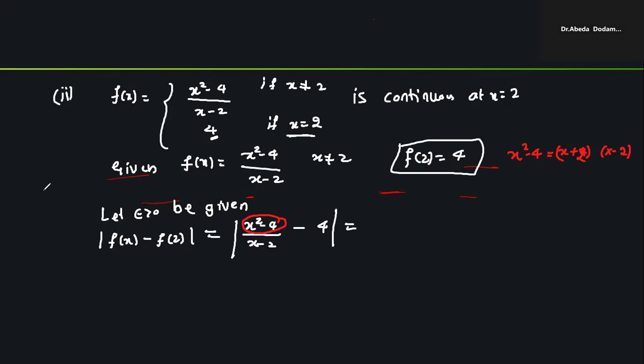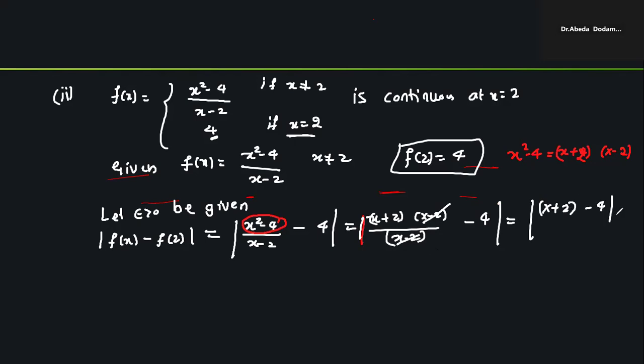So we can write this as x plus 2 into x minus 2 upon x minus 2, and this is minus 4. I can cancel this x minus 2 with this, and then I'm left with x plus 2 minus 4. Okay, so this is basically what we have left with.